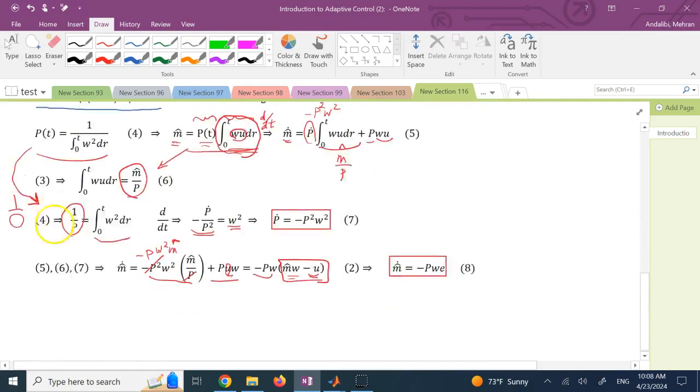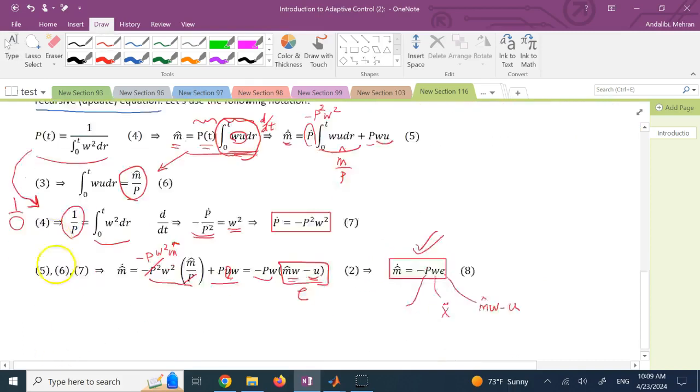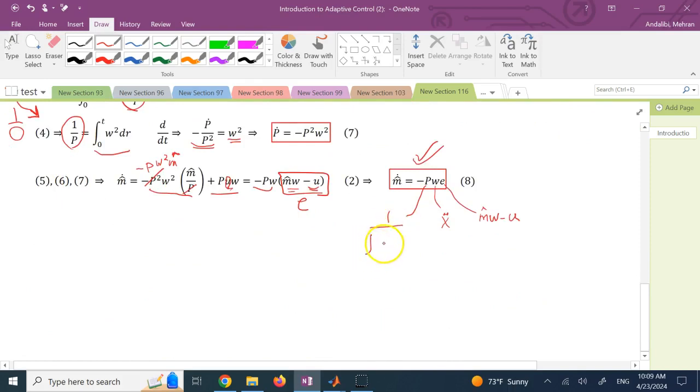So if I plug that in, my m hat dot is finally going to be negative PWE, where w again was your measured acceleration. e is the least squares error between m hat w and u that you give to the system, and p is 1 over the integral of w squared dr from 0 to t.